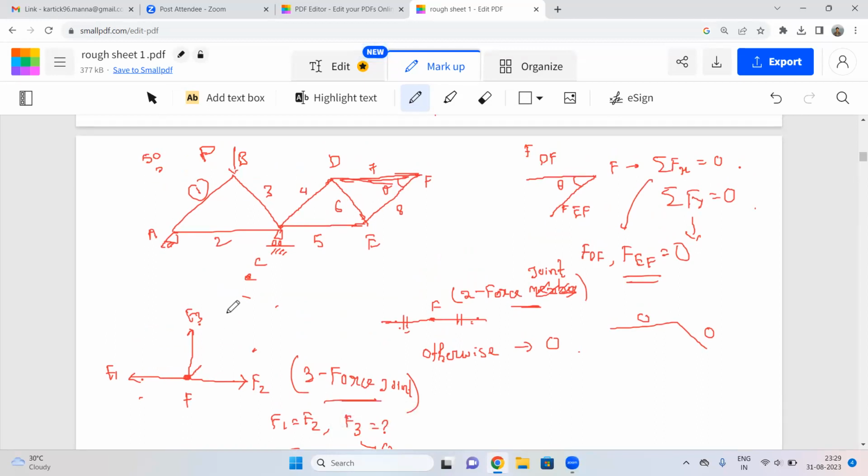So just for this thing, suppose that is not our P force, we have P force in this direction. So we have already found out that, just 1 minute.